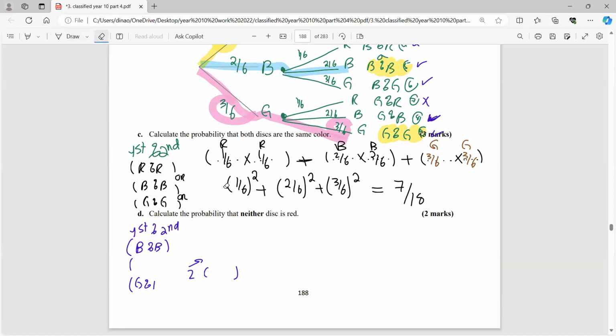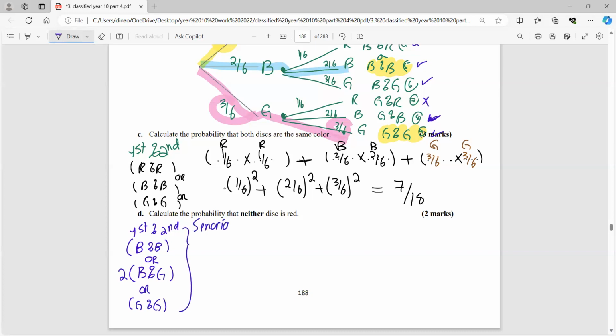So now this is like the third question. I will combine the blue and the green together in one bracket and put 2 outside because of the change of order. And here we said or. Or what? Green and green. So again, this is the scenario.